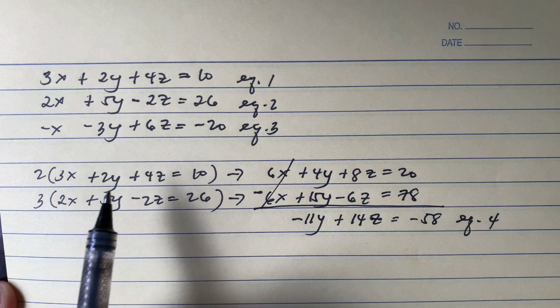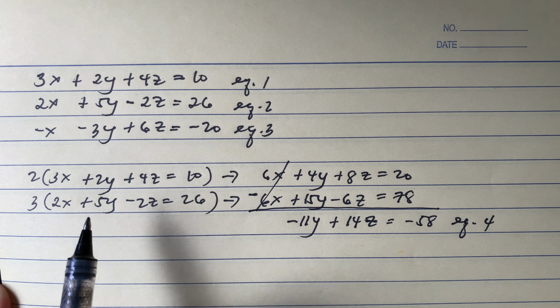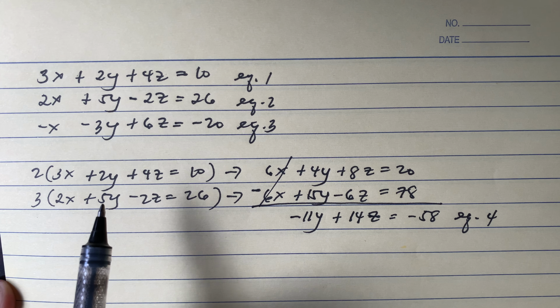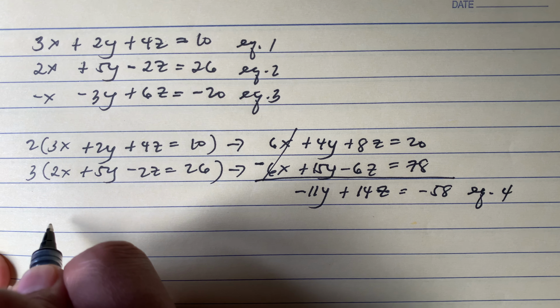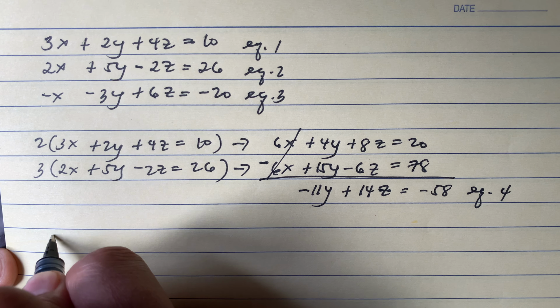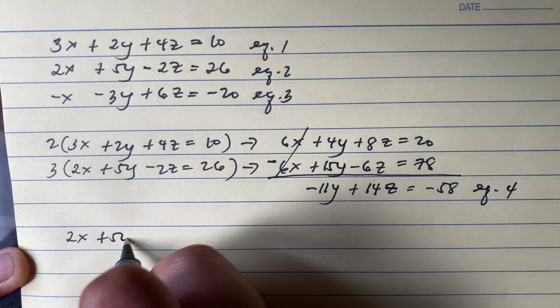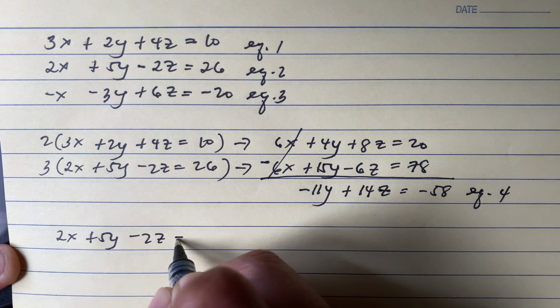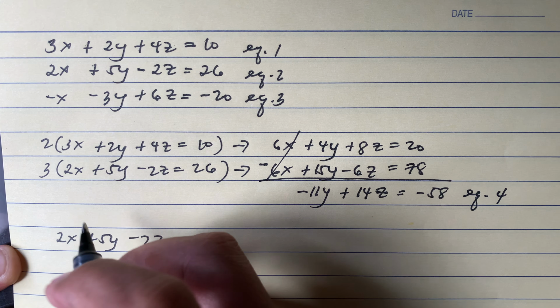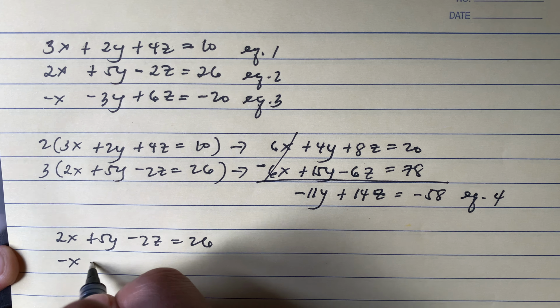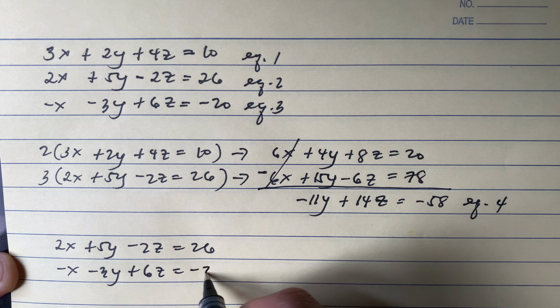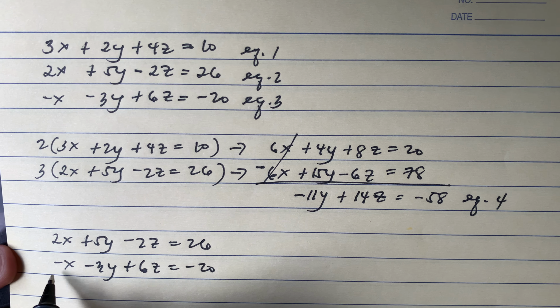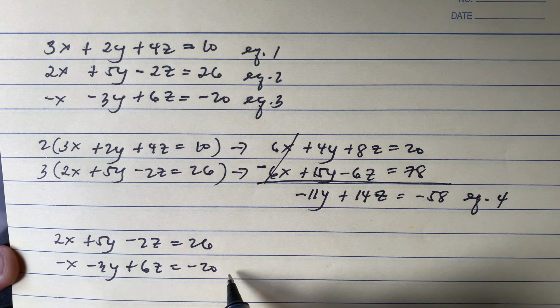To get equation 5, we are going to combine equation 2 and equation 3. Okay, so our equation 2, we have here 2x plus 5y minus 2z equals 26. Then we have minus x minus 3y plus 6z equals minus 20.